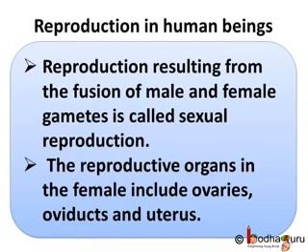So now you know a lot about reproduction in human beings. To sum up what we learned today, reproduction resulting from the fusion of male and female gametes is called sexual reproduction. The reproductive organs in the female include ovaries, oviducts, that is the fallopian tubes, and the uterus.